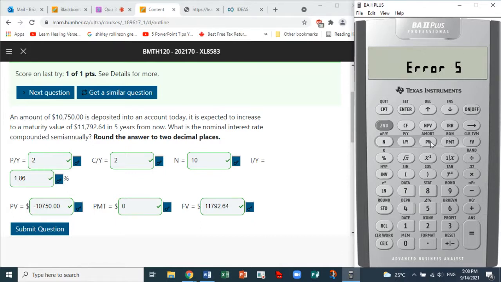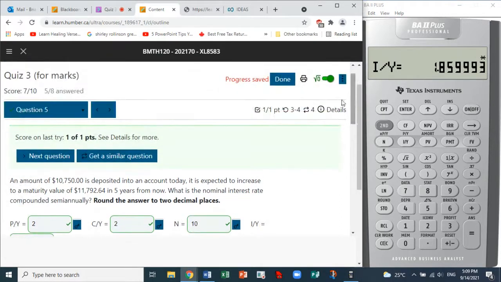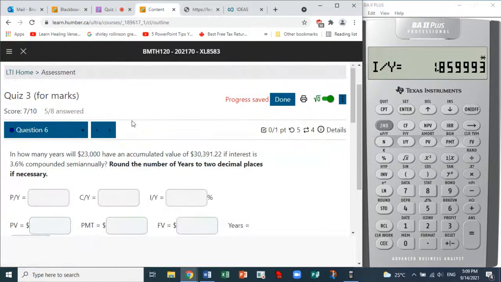Error 5 means you have put present value and future value with the same sign, positive or negative. So you hit clear to get rid of that error. We can recall the present value, make it negative, put it in, and then compute, and the error is gone. Very nice. It's what we wanted.